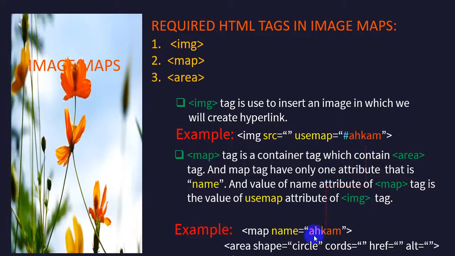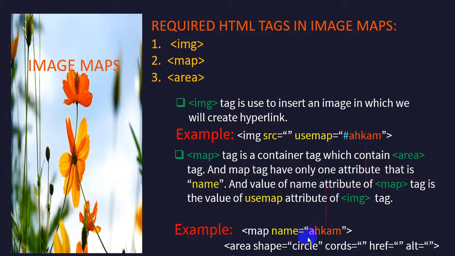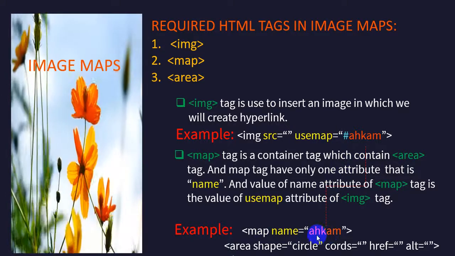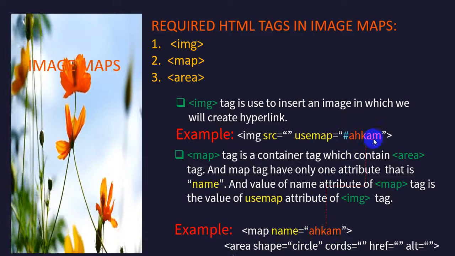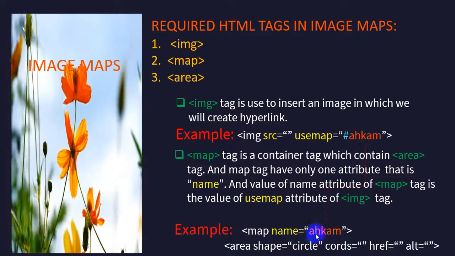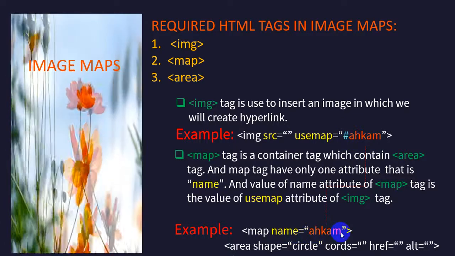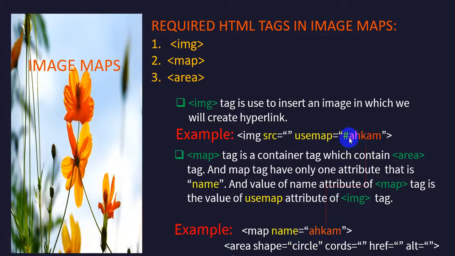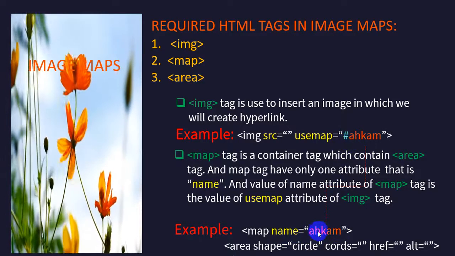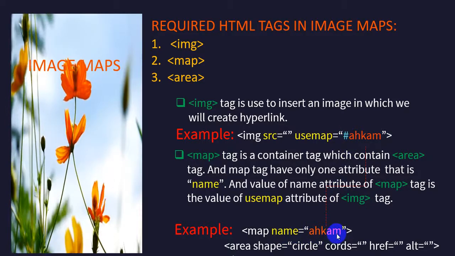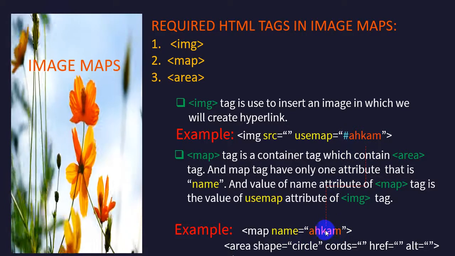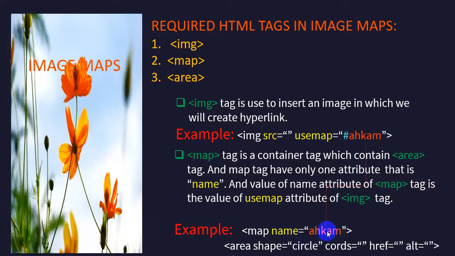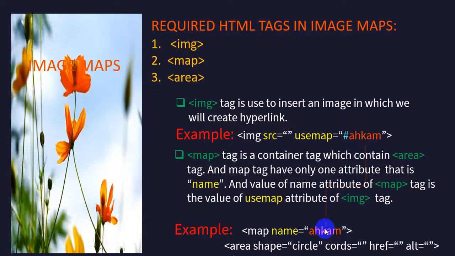Here I have written #account, but inside the map name you have to write only account. For example, if you have written #123, here you write only 123. If you have written #kms, here you write only kms. The value must be the same.